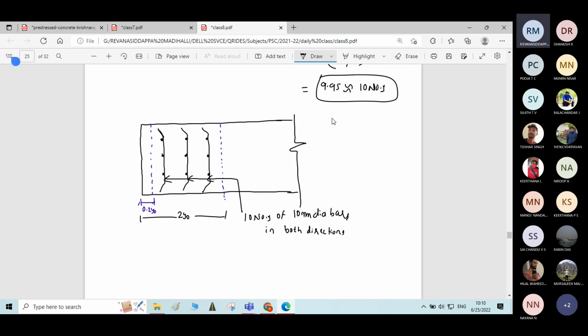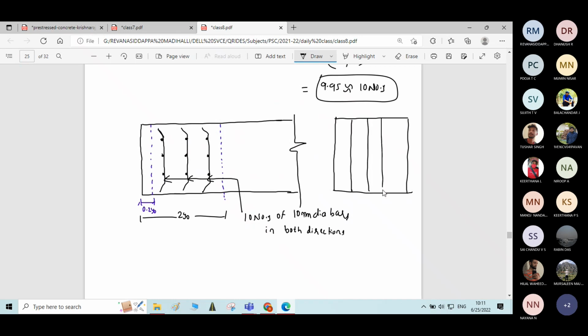So if you read the cross section, you need to provide a total of 10 numbers in both directions.